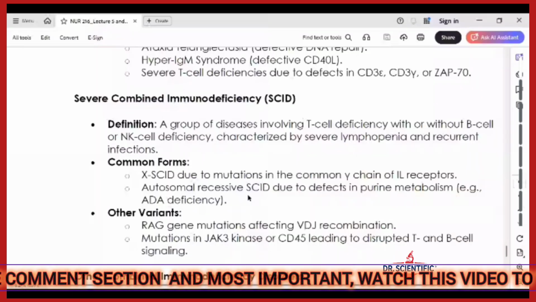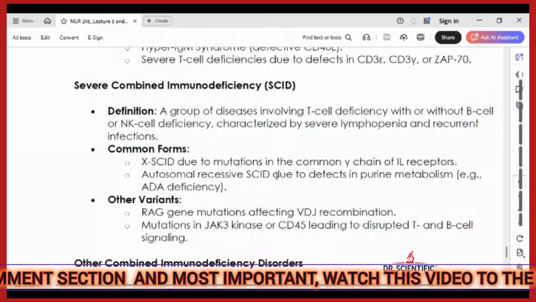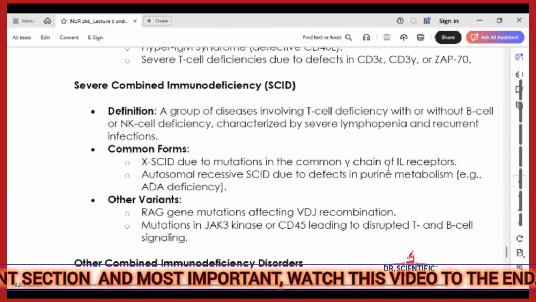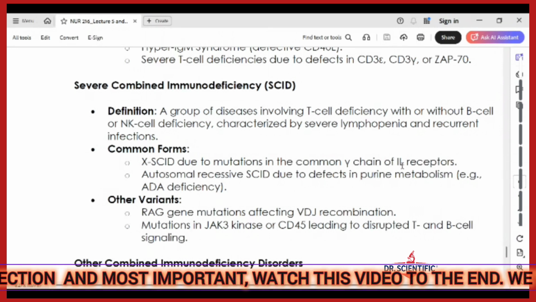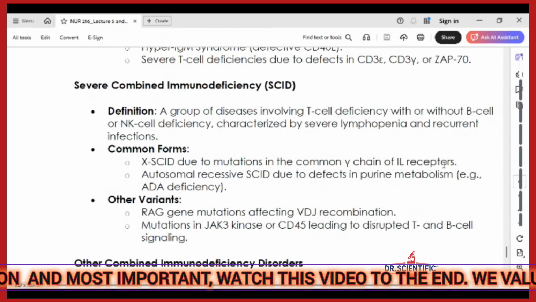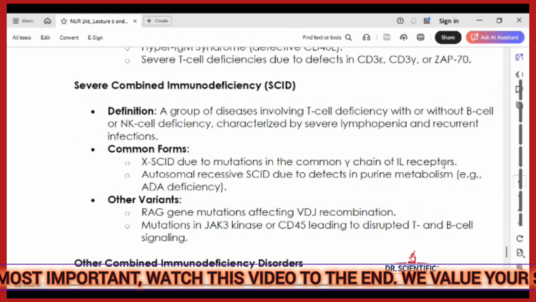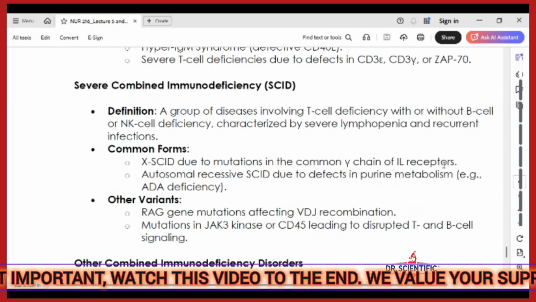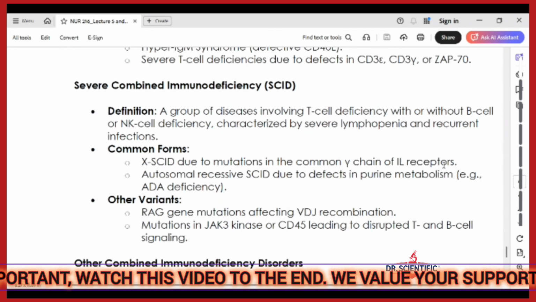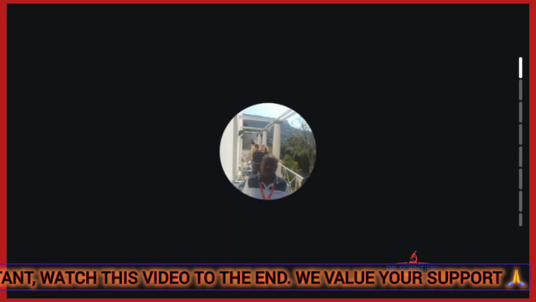We have SCID where we have mutations in the common gamma chain of interleukin receptors. If they are going to produce interleukins, their gamma chain is important.